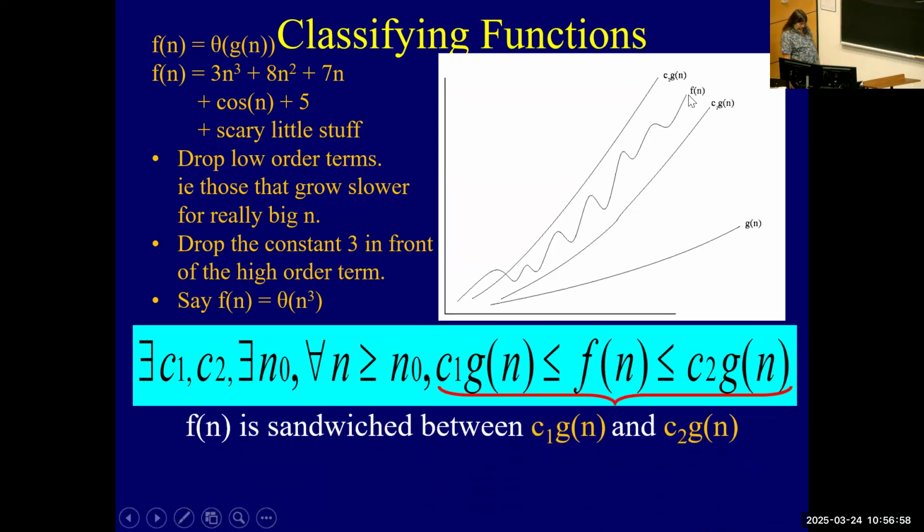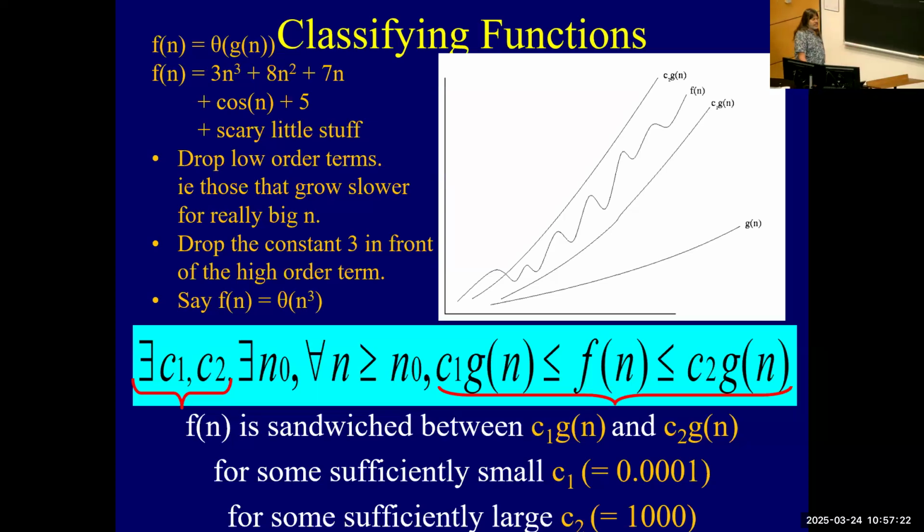What are we saying here? F, we want to talk about F. And I'm going to say that F is bounded by G. What does that mean? Well, this is G times a small number, and this is G times a big number, and F is squeezed between them.